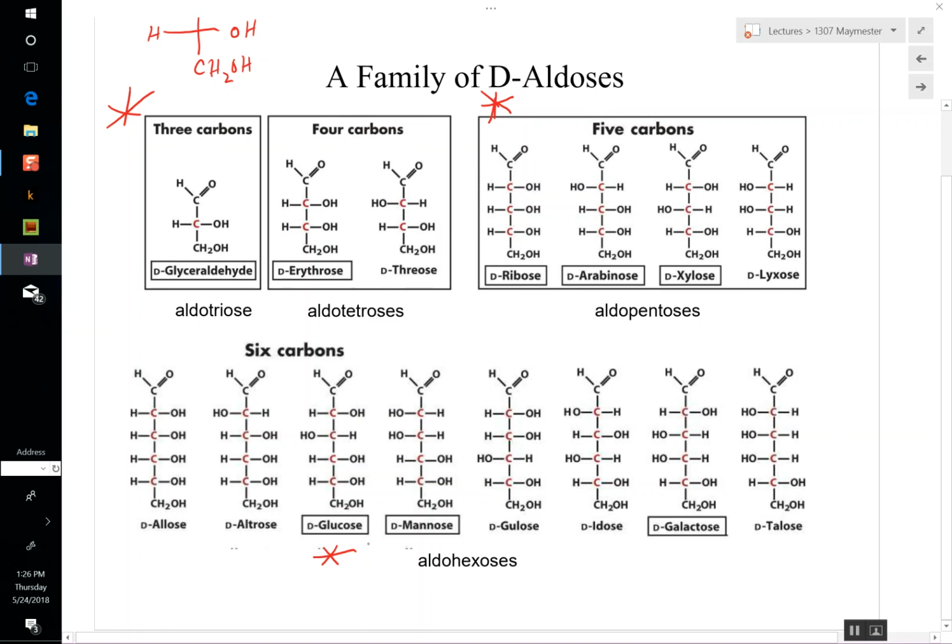And the only other one here is going to be D-galactose. Right, left, right. So it's very similar to this one. You just have to move one over there. It's galactose. So there are 4 monosaccharides that you should be able to draw, Fischer projections with the OH groups in the right place.